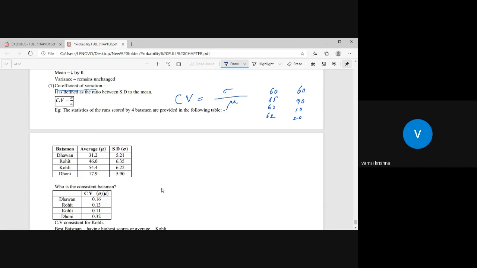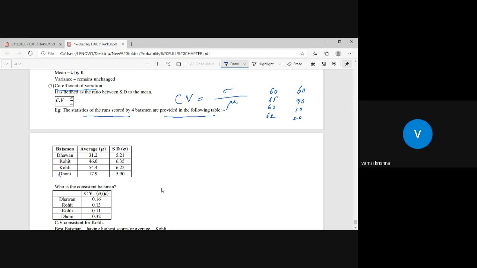Let us see with an example how they can ask a question in this area. The statistics of runs scored by four batsmen are provided in the following table. This is about the batsman's average and standard deviation.